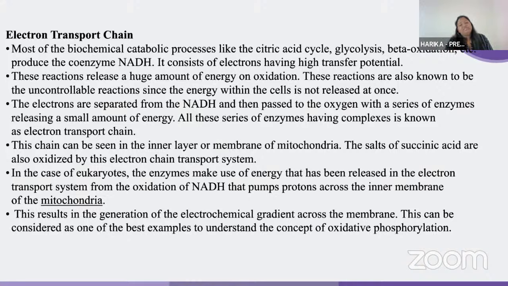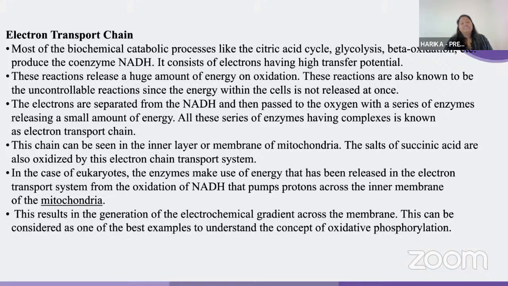All the series of enzymes have complexes. They also have complexes for the electron transport chain. These complexes together are called the electron transport chain. This chain can be seen in the inner layer of the membrane of mitochondria. The salts of succinic acid are oxidized by this electron transport chain system.